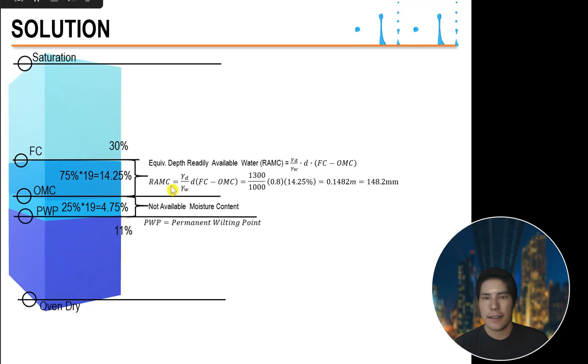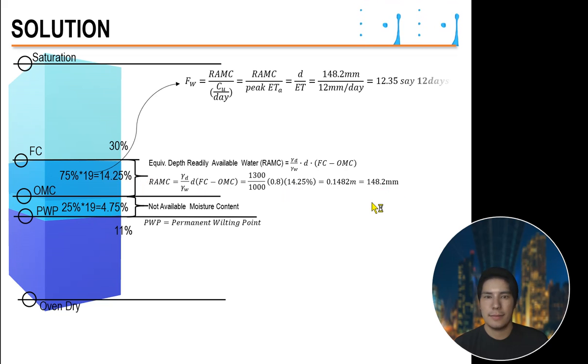So, bale, in terms of depth, so we have this dry density which is 1,300 over 1,000 multiplied by the root zone depth na 0.8, and we have this 14.25%, so that is 148.2 mm. So bali ito yung ima-manage natin for irrigation.